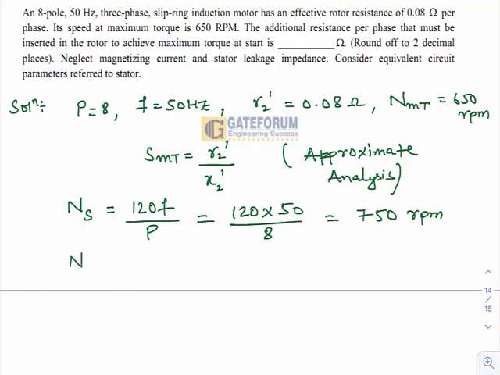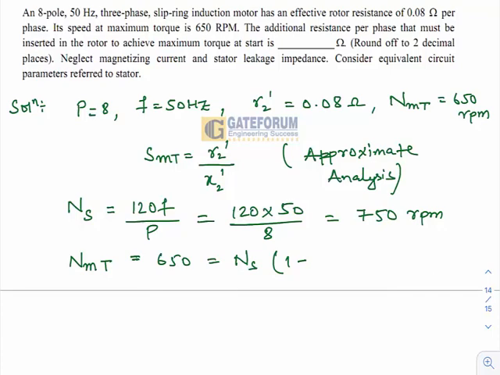So I can get the slip now, because I know that the rotor speed at maximum torque, which is equal to 650 RPM, is equal to ns into (1 minus s). I want to know what the slip at maximum torque is.